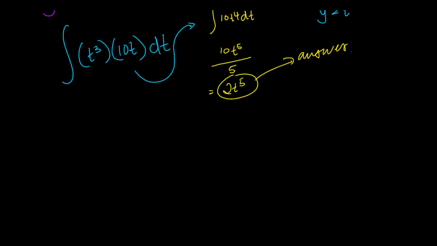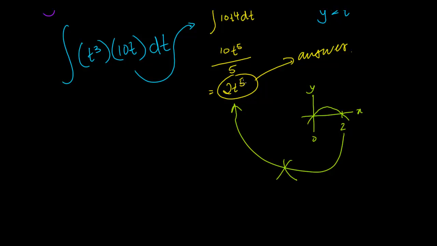Now, if we were told, say, the graph of this was something like this, and we were told to integrate, this is the x-axis, this is the y-axis, this is 0 and 2. What we would simply do is transfer what we mean by 0 and 2 in terms of x into t, because remember, this answer requires t. You cannot put x values into this.